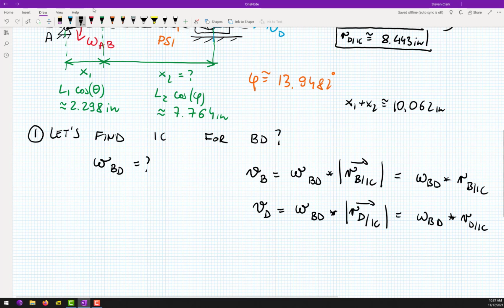I think that we know this value, we know this value, but we still don't know these two values. So let's find maybe VB.